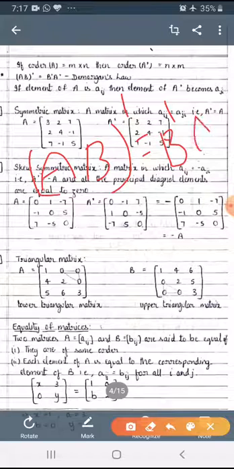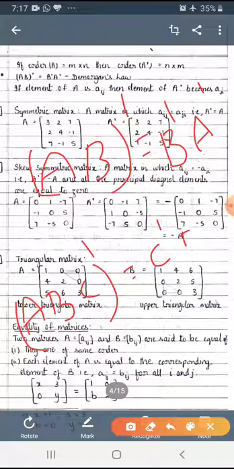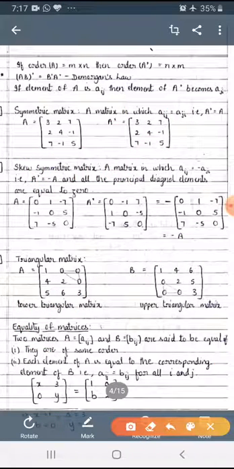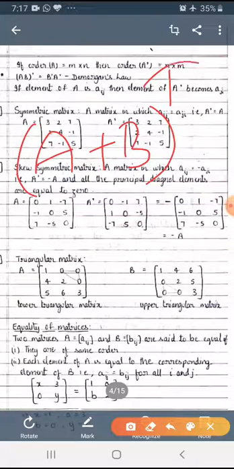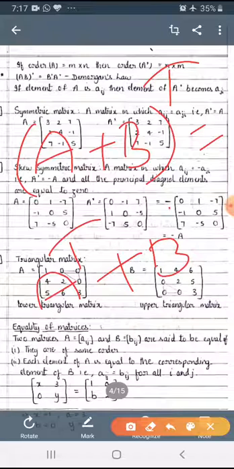This is one property. If we have a product of 3 matrices, ABC whole dash equals C dash B dash A dash, in reverse order. That is for the product form. Now for the sum: A plus B whole transpose equals A transpose plus B transpose, or B transpose plus A transpose, both are the same. But in the product, it will come as B transpose into A transpose. So don't forget this.